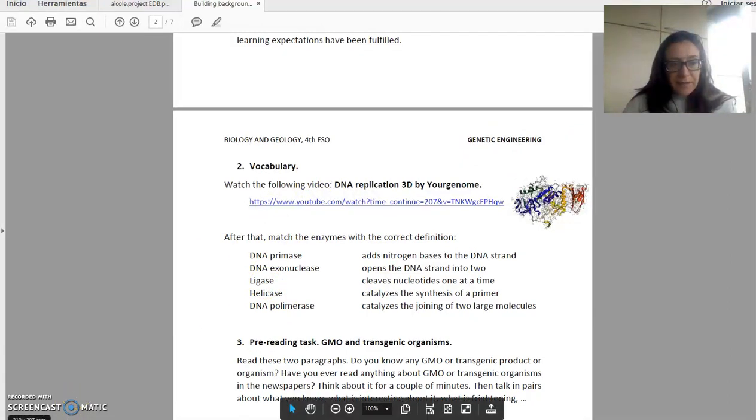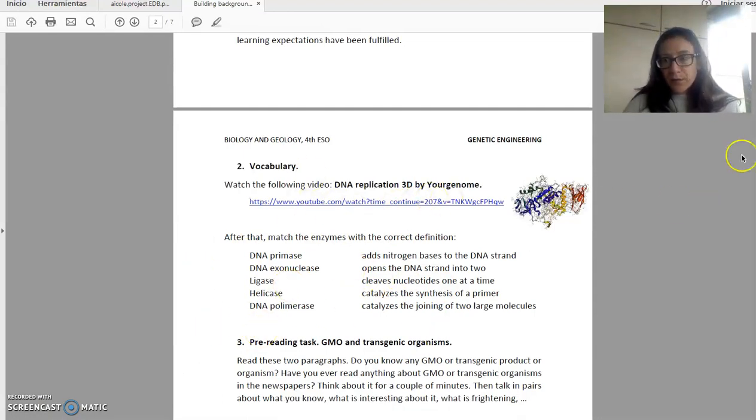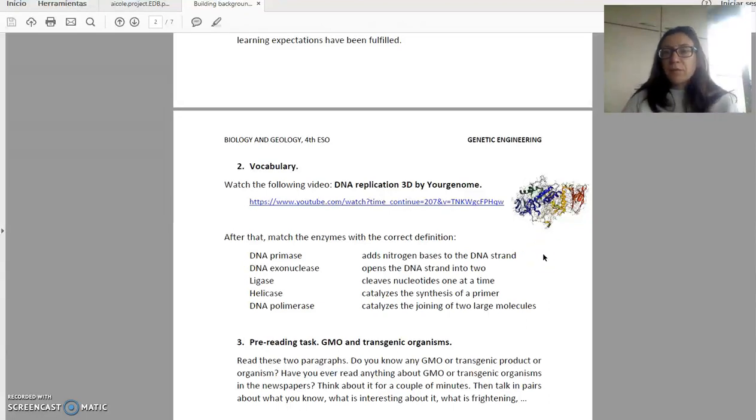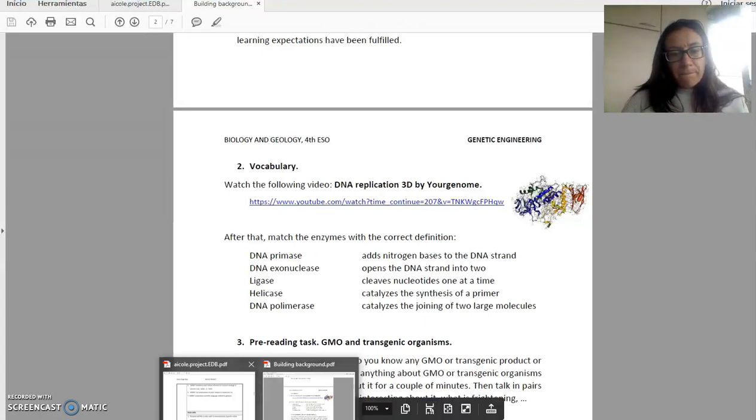And then they have this exercise here to match the enzymes with their functions, which are all included in the video and explained. I have used different descriptions of the enzymes because I think it's interesting to interpret what the video has said and find a similar way to explain it.